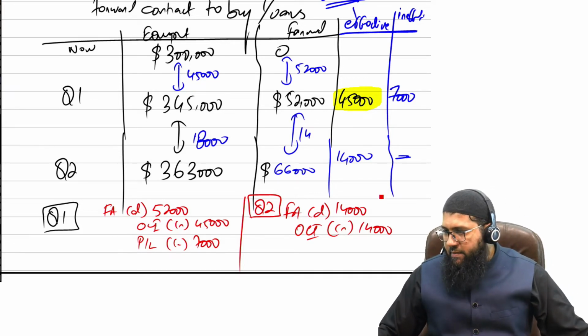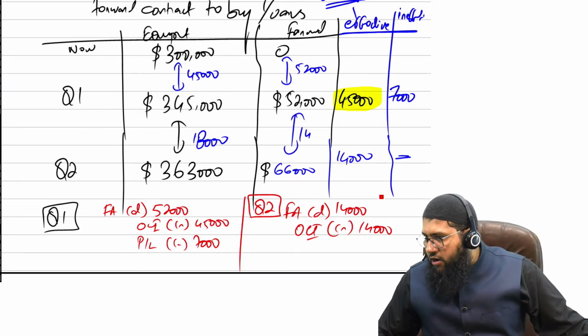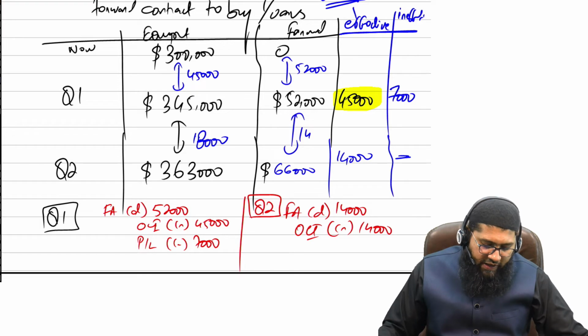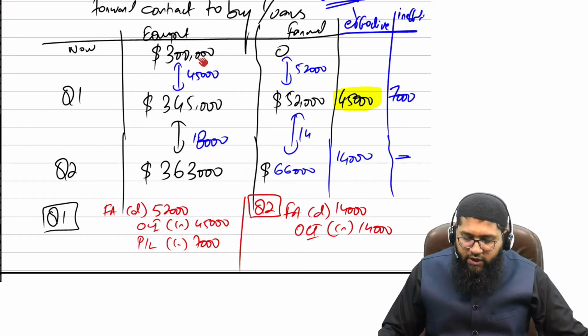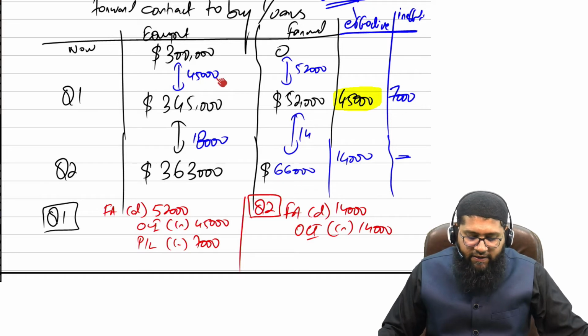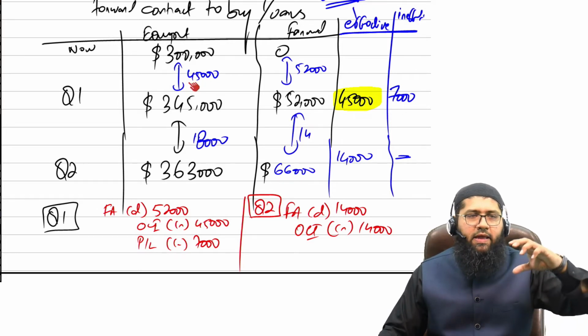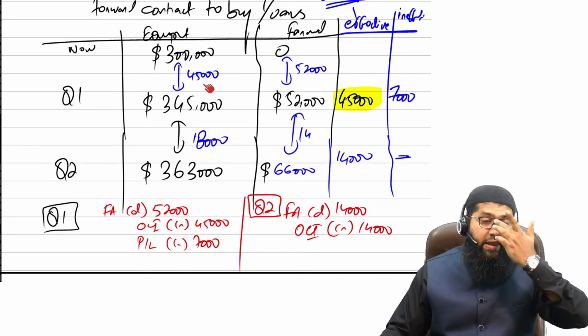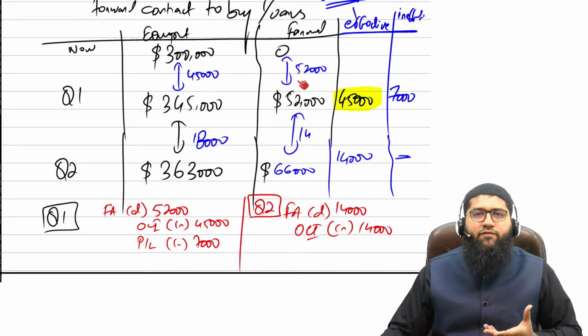Rebecca, how did the ineffective portion become zero? Let me explain. Originally the price was zero. At the end of quarter one, the item which we were hedging has moved by 45,000, whereas the instrument has moved by 52,000.